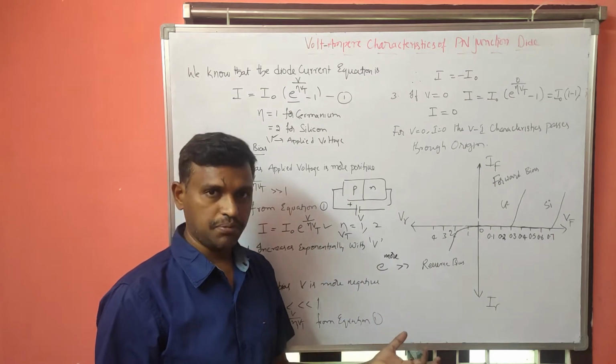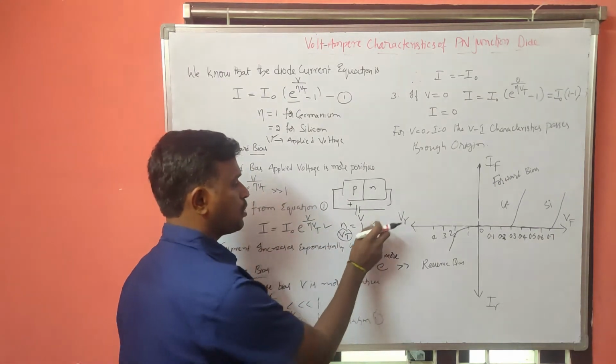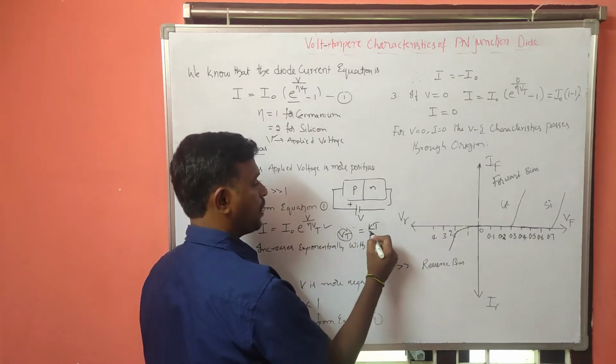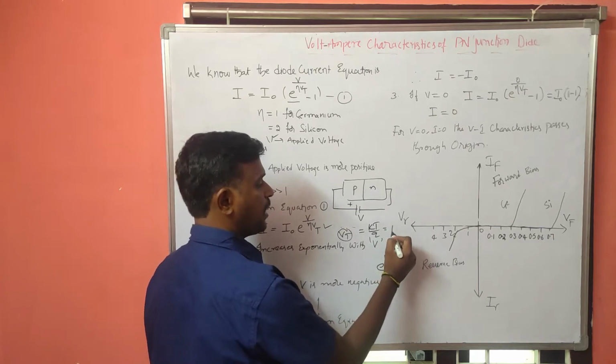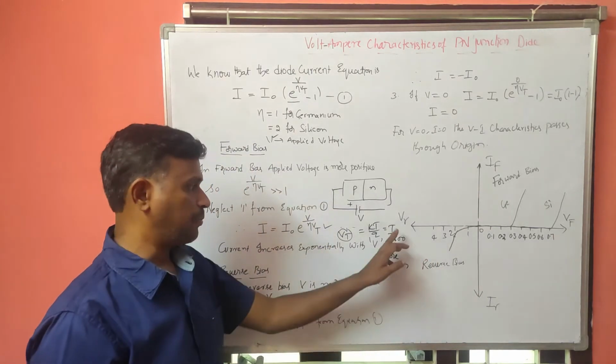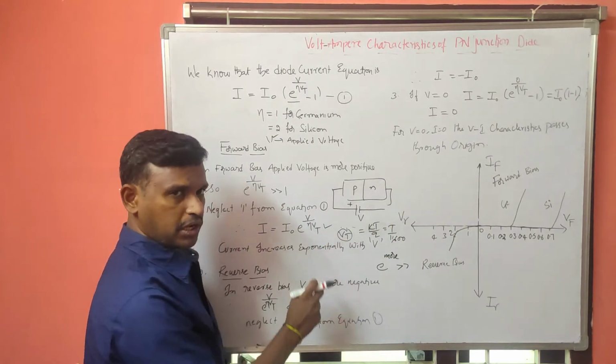At a fixed temperature, there is no problem with Vt also. Vt is equal to kT by q, that is T by 11,600. That means Vt depends on the temperature. If the temperature is constant, automatically these two values will be constant.